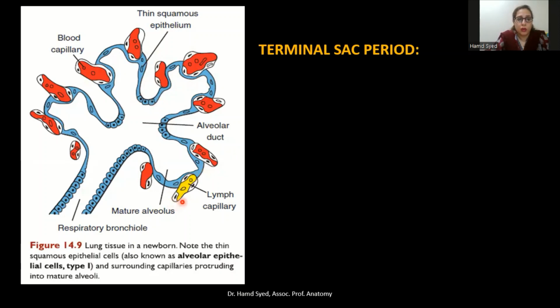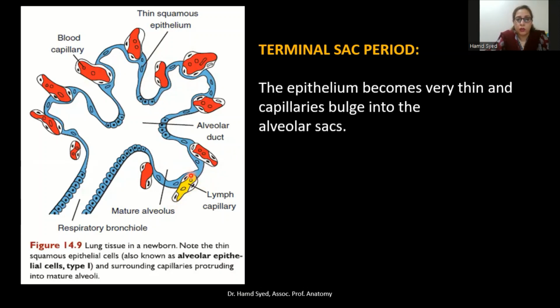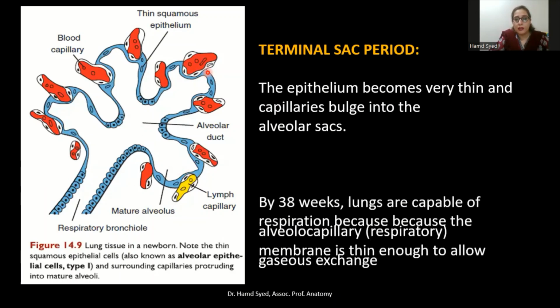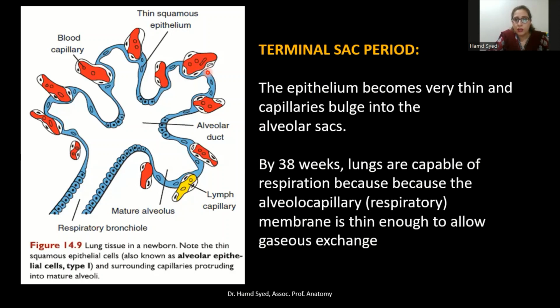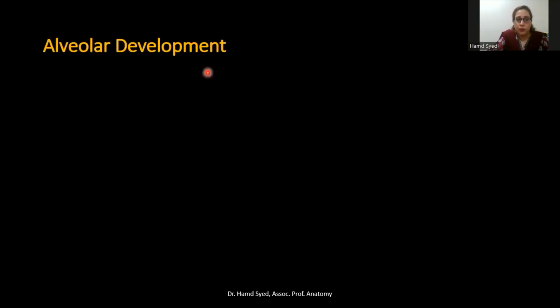The lymph capillaries are also present. The epithelium has become so thin that capillaries are bulging into the alveolar sacs. And by 38 weeks, now we're talking about the end of gestation, lungs are capable of respiration because the alveolo-capillary or respiratory membrane is thin enough to allow for gaseous exchange.